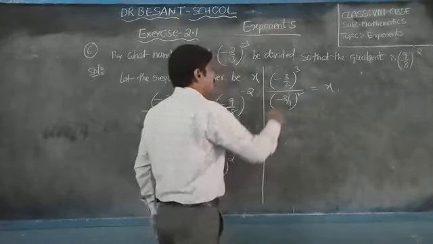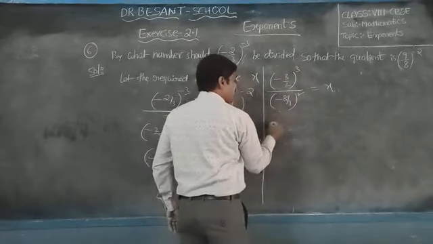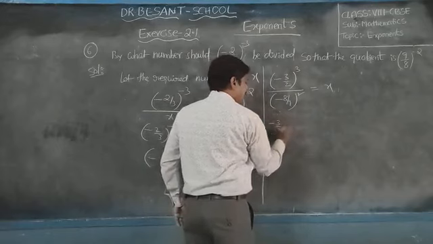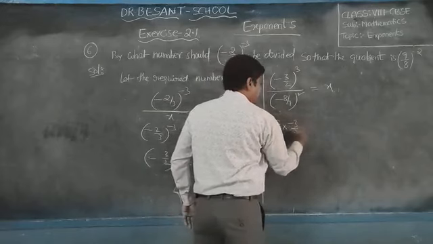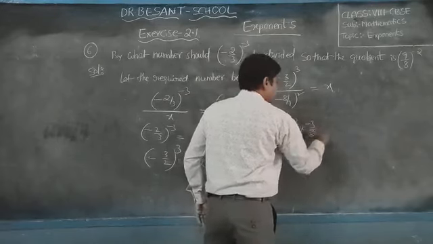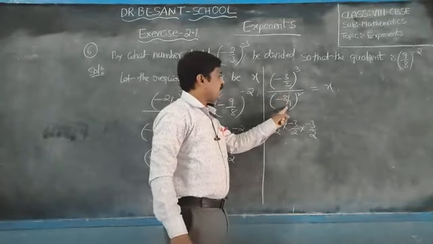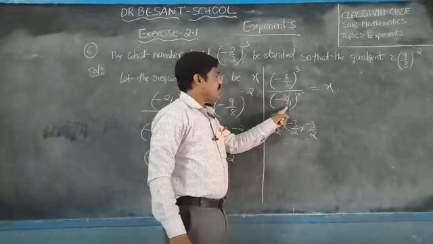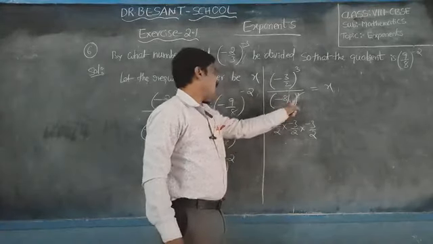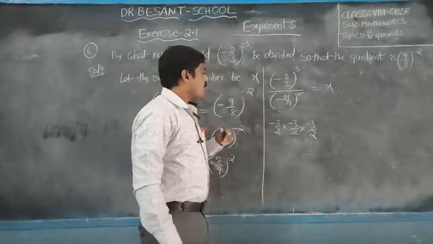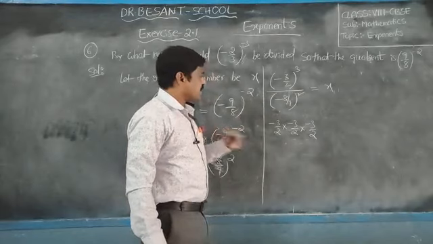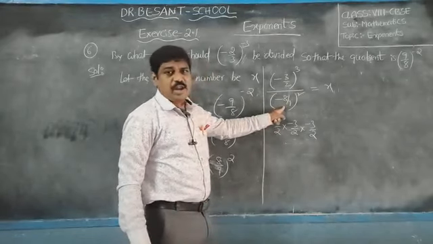Now minus 3 by 2 whole cube means minus 3 by 2 into minus 3 by 2 into minus 3 by 2. Okay, next, minus 8 by 9 whole square. This is actually in the denominator.